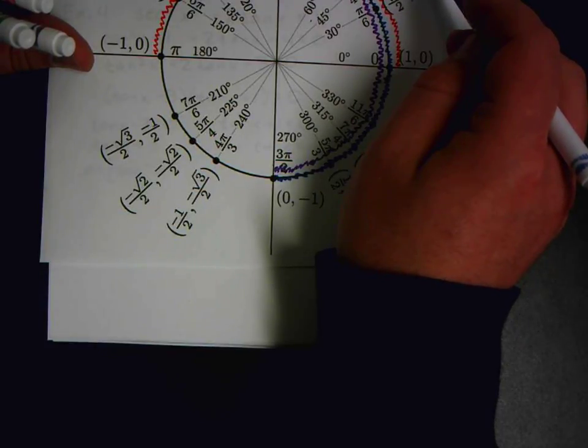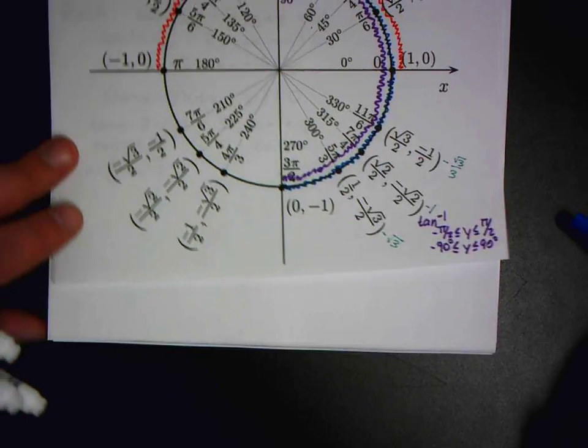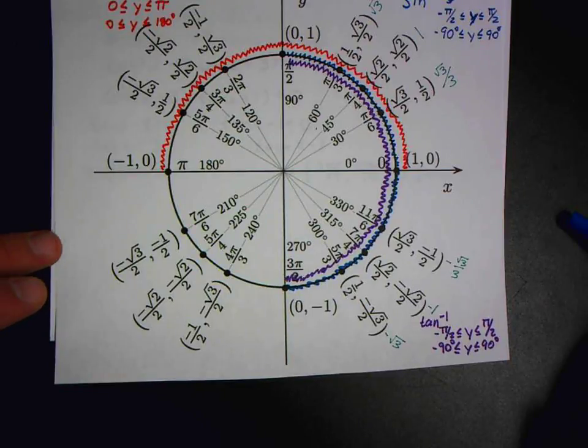Where is the equivalent arctangent? Where's the other place where tangent equals 1? 5 pi over 4.